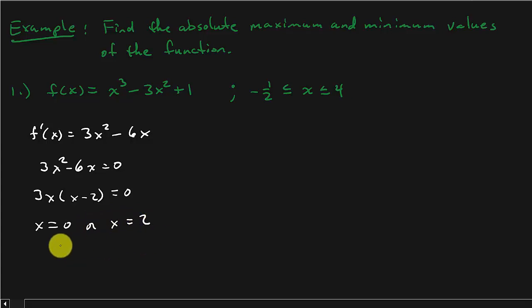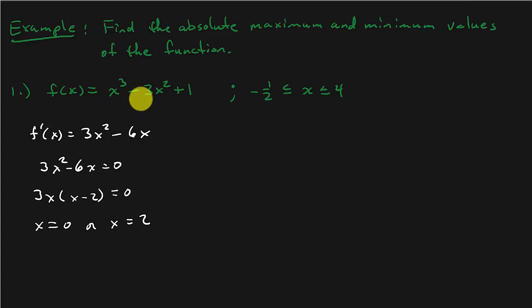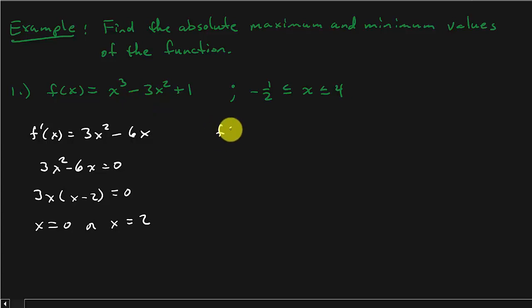All right. So there's my critical numbers, 0 and 2. It's where the first derivative is 0 or undefined, and 0 and 2 are both in the domain of the function. So step 1 says to evaluate the critical numbers. Step 2 says evaluate the endpoints. So basically I'm finding the critical values and then evaluating those and the endpoints in the function. So we've got f of 0 and we've got f of 2. So that's going to be what?